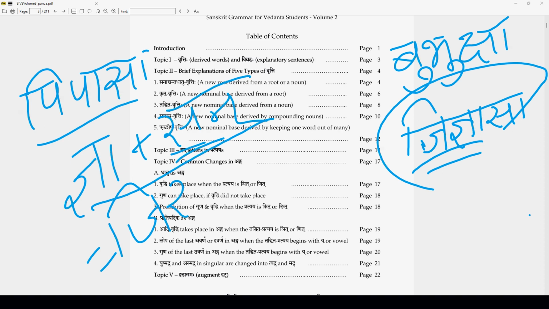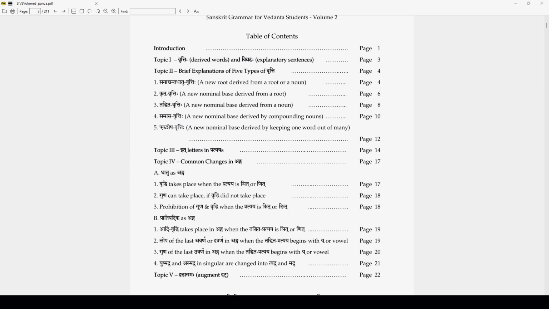Bubhukshati means someone likes to eat. She or he or it likes to eat. Bubhukshati. Pipasati, etc. So that is one example. One pratyaya, sun pratyaya, indicating that someone likes to eat or do something.